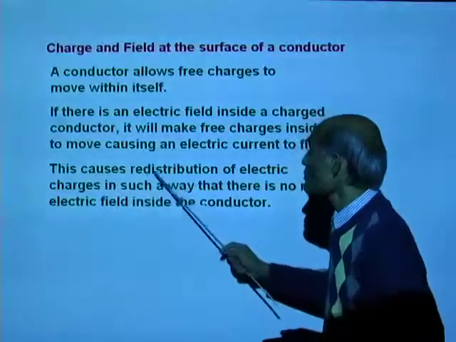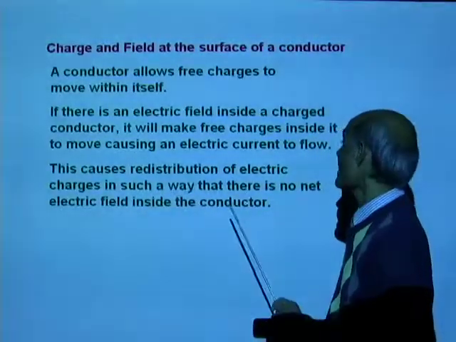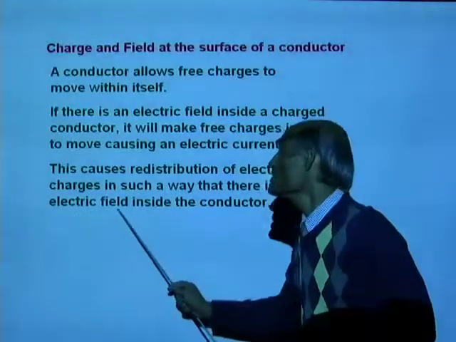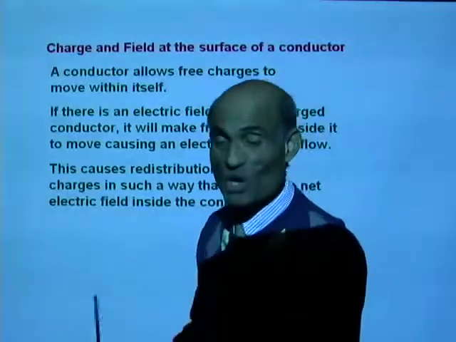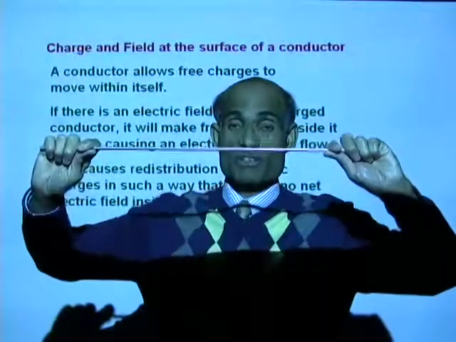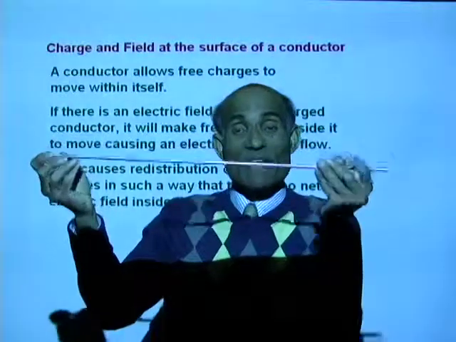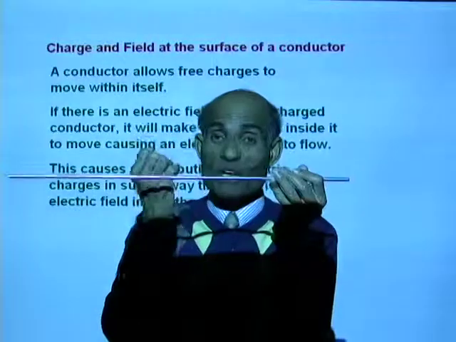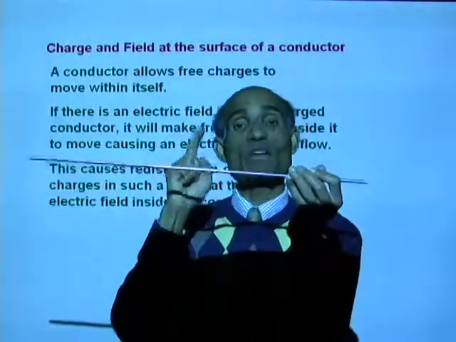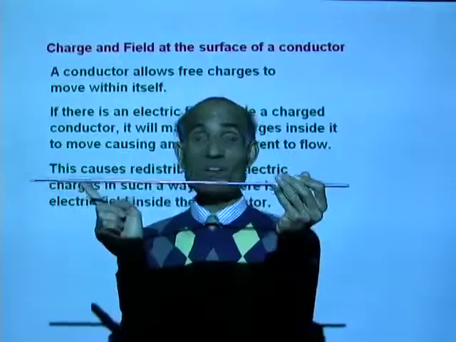So, this causes redistribution of electric charges in such a way that there is no net electric field inside the conductor. If you charge a conducting material, there will be redistribution of charges occurring in such a way that there is no net field inside a charged conductor.